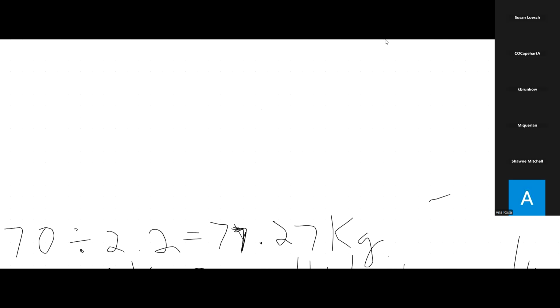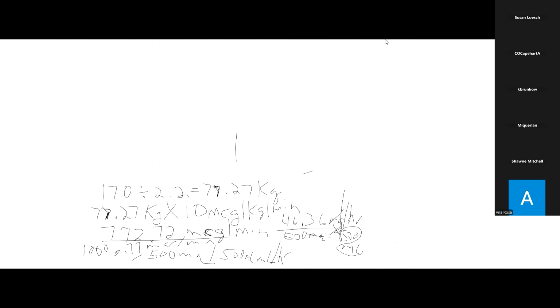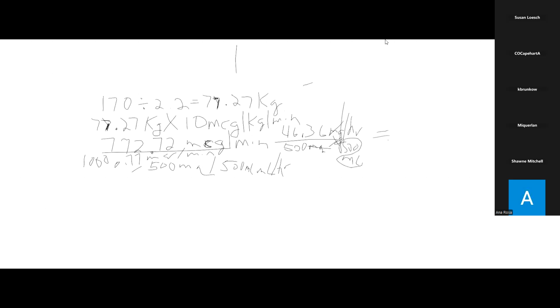Okay, and what am I doing here? I'm taking 46.36, dividing it by 500, and then multiplying it times 500. And that should equal 46.36, right?